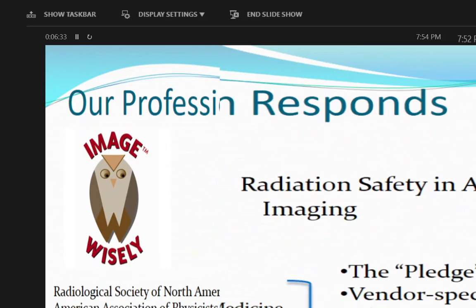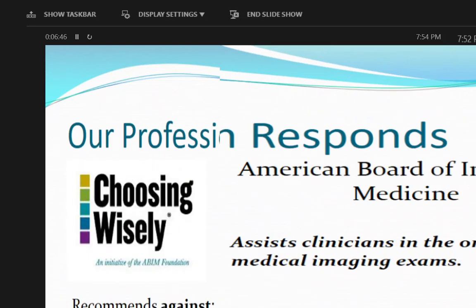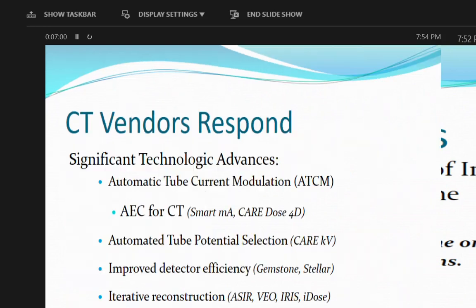There's also Image Wisely, where you can take the pledge and sign the paper saying that I will always follow ALARA and I will never overexpose people and I will use the lowest dose possible to get my images. Then there's also Choosing Wisely. The American Board of Internal Medicine came up with this one, and it helps clinicians know which exam would be best to order.